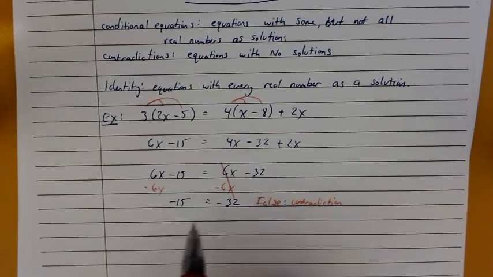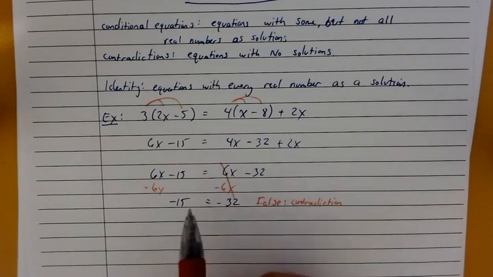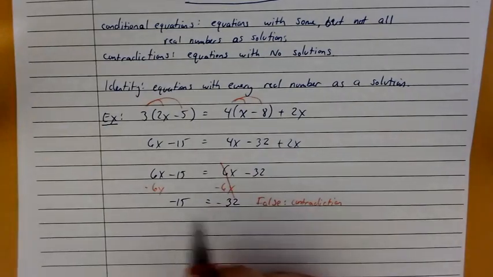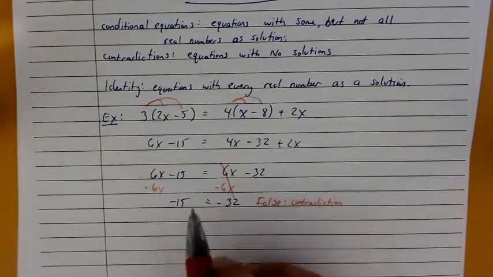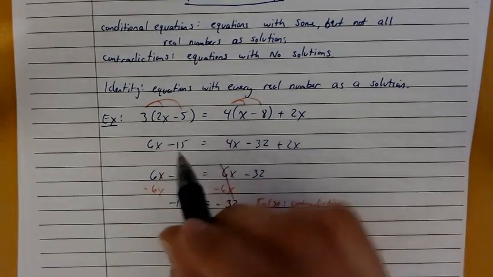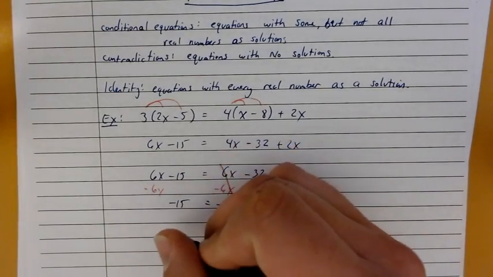It can never be made true, which means it doesn't matter what I plug in for x, I'm going to get a false statement, always, which means there is no number that gives me a true statement, which means there's no solution. So that's a contradiction. Whenever you have something like this, you got rid of all your variables and you're left with a false statement, that's called a contradiction. In the end, since you're looking to solve the equation, this equation has no solution.